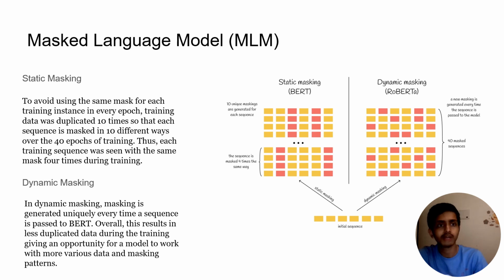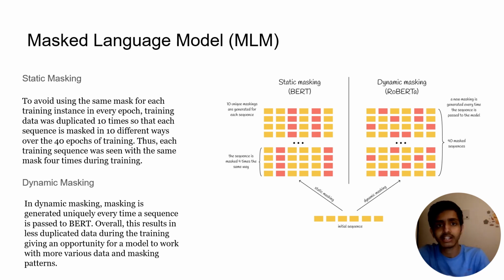For the masked language model objective, BERT used static masking. Basically, in static masking, before training, we masked the sentences. To get better results in BERT, we duplicated the sentences 10 times over the 40 epochs of training.